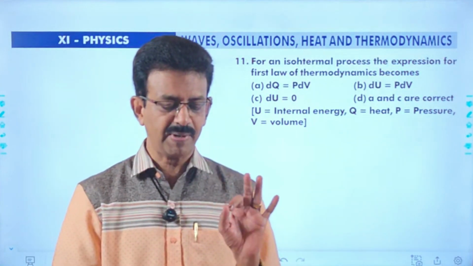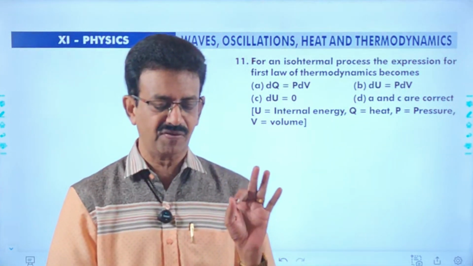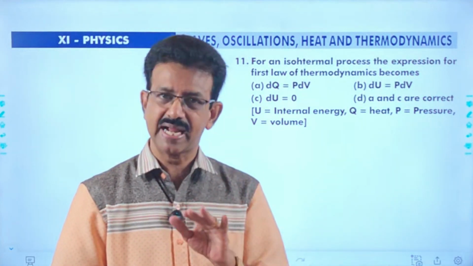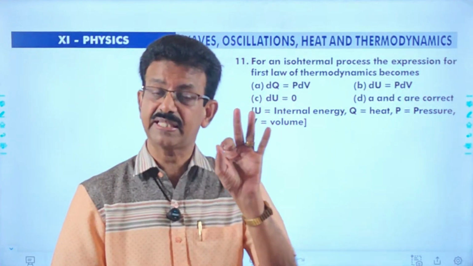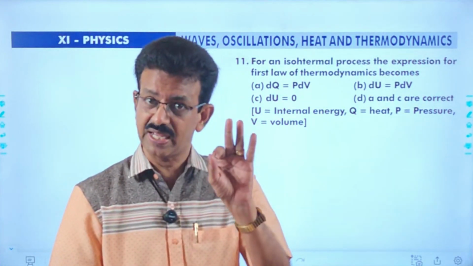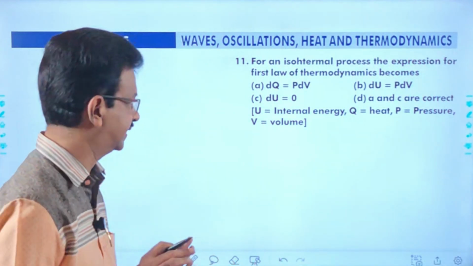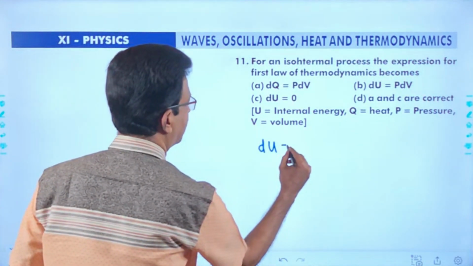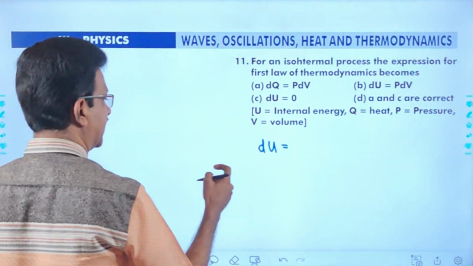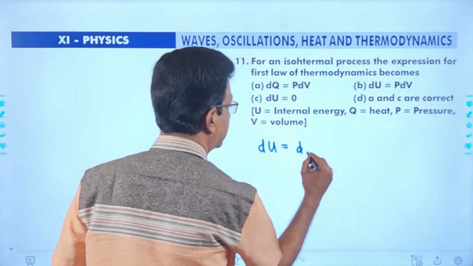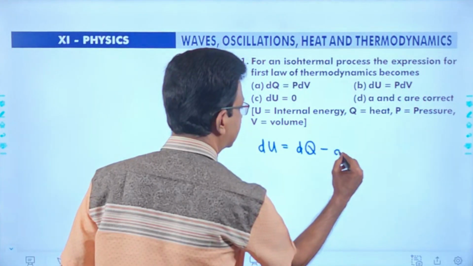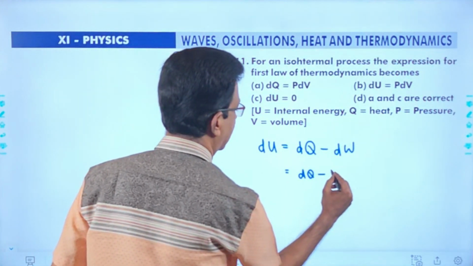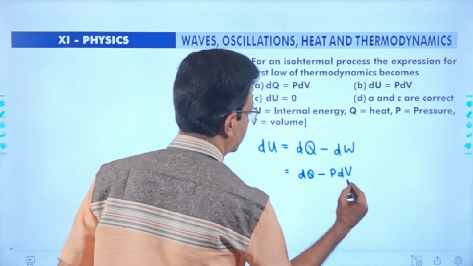For an isothermal process, the expression for the first law of thermodynamics becomes, first law, the statement I have already given. Every thermodynamic system has a variable called internal energy, whose change in a thermodynamic process, change in internal energy dU, is equal to the difference between the heat energy entering the system and the external work done, or dQ minus PdV.